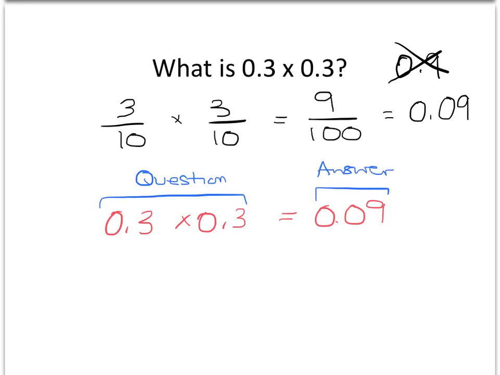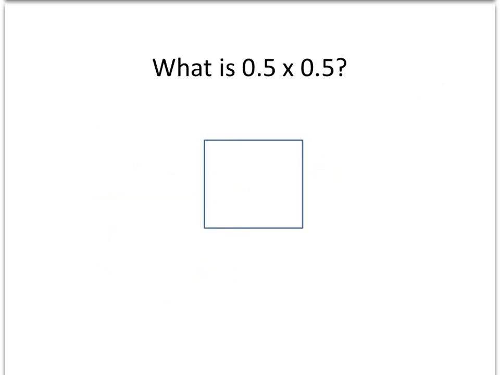In my question altogether I have one decimal place here and one decimal place here, so I've got 2 decimal places in the question. That means I must also have 2 decimal places in the answer. So the number of decimal places in the question must be the same as the number of decimal places in the answer. Okay, let's look at another example.